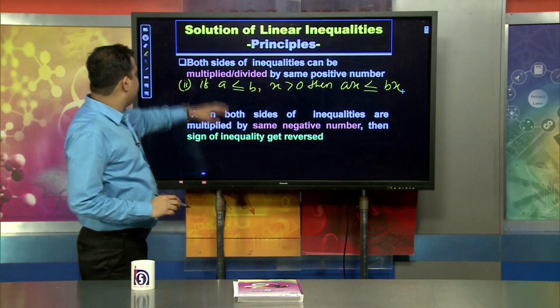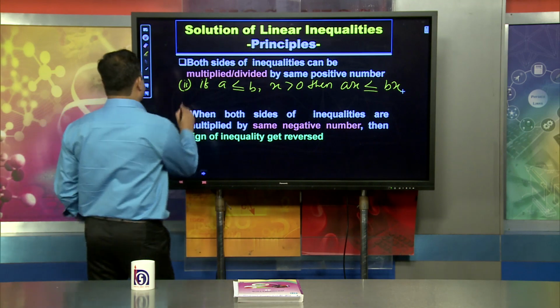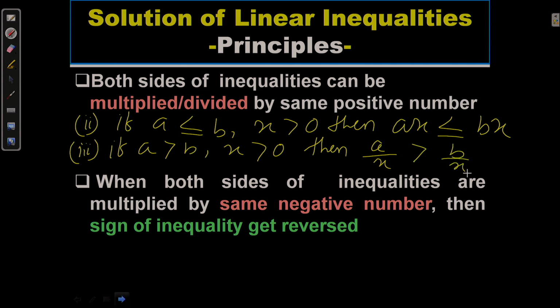In case of division, the same principle will be applied. The third part: if A greater than B and x is positive, then A by x is also greater than B by x.